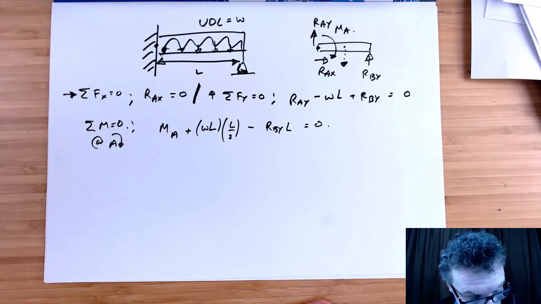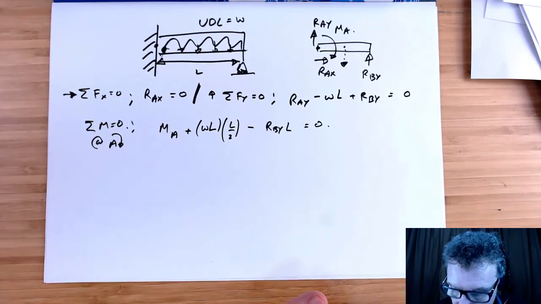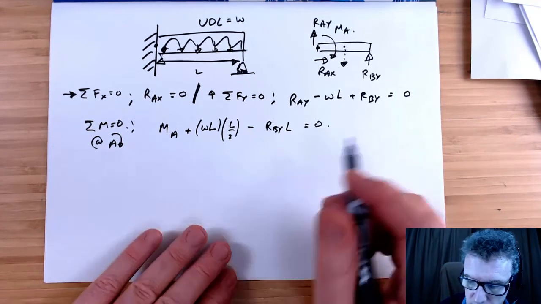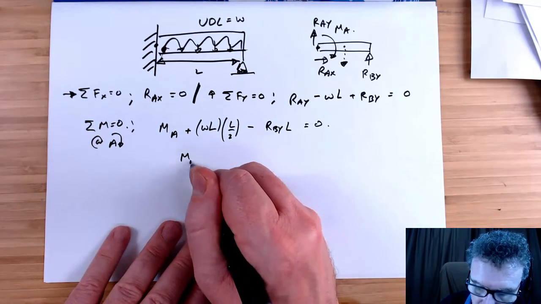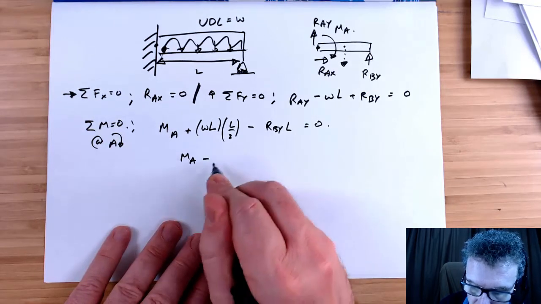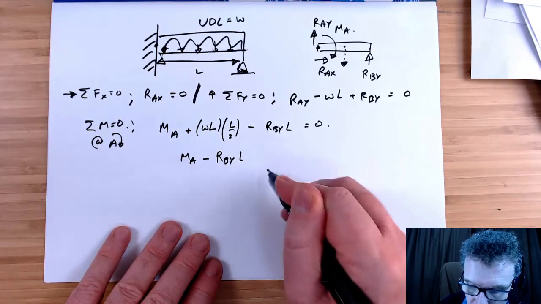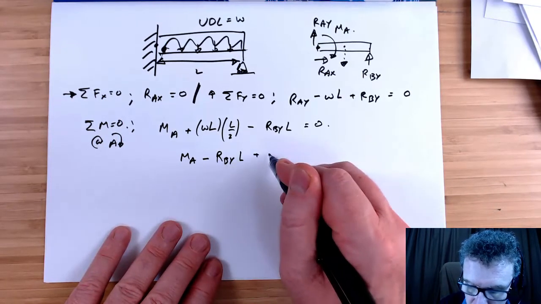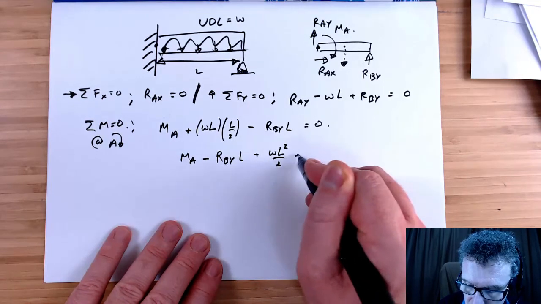Okie dokie. So I could tidy that up, I suppose, before I move on. So MA minus RBY times L plus little w L squared over 2 equals 0.